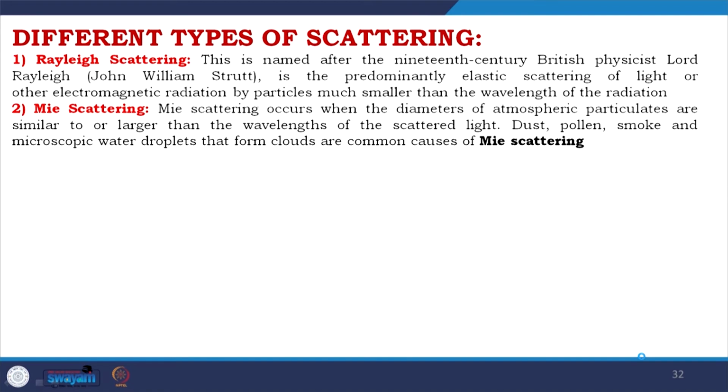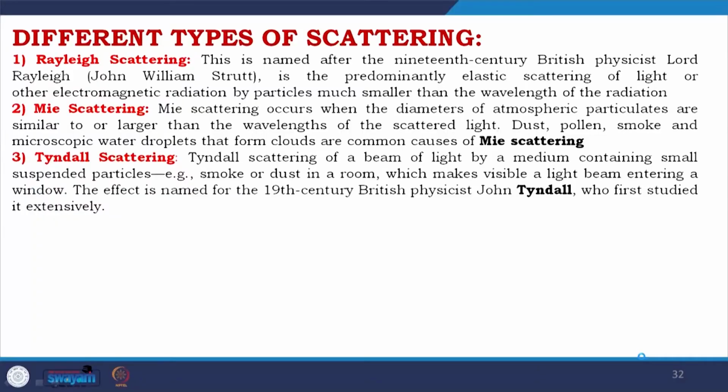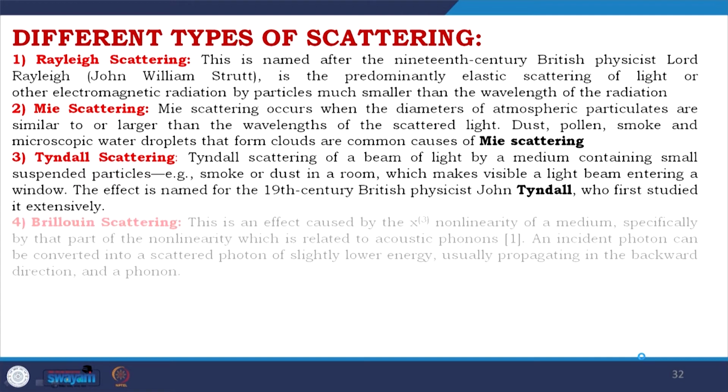Dust, pollen, smoke and microscopic water droplets that form clouds are common causes of Mie scattering. Tyndall scattering is the scattering of a beam of light by a medium containing small suspended particles, for example, smoke or dust in a room, which makes visible a light beam entering a window. The effect is named for the 19th century British physicist John Tyndall, who first studied it extensively.